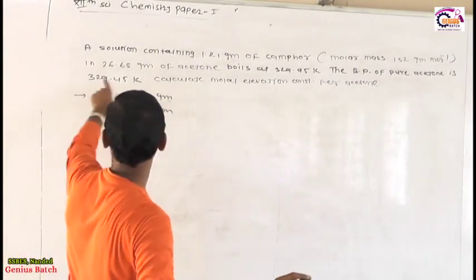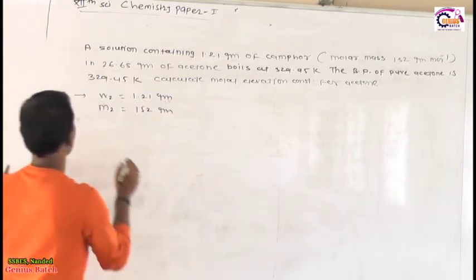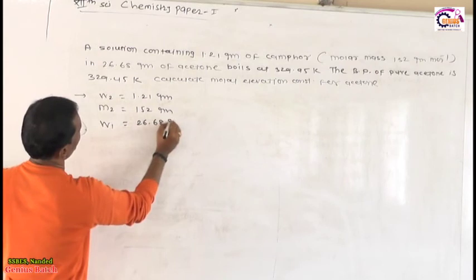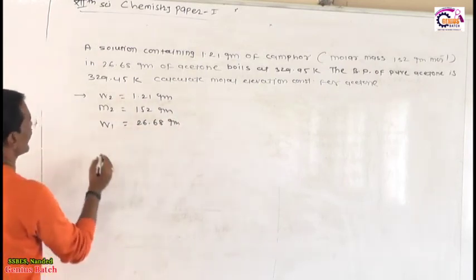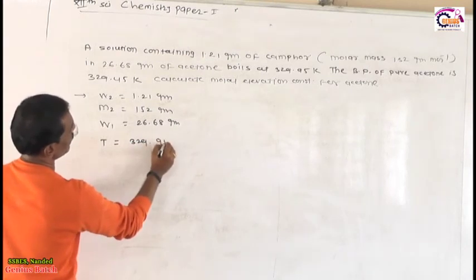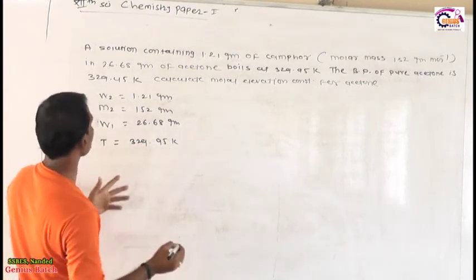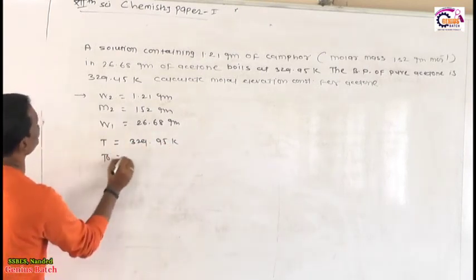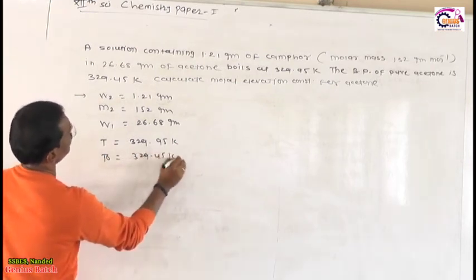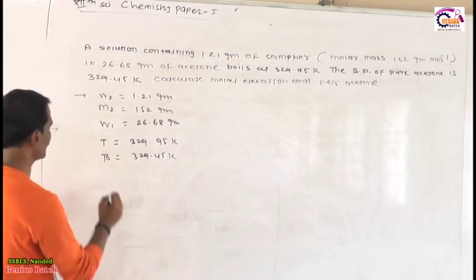In 26.68 gram of acetone, the weight of solvent W1 is 26.68 gram. The boiling point of solution T is 329.95 Kelvin, and the boiling point of pure acetone is 329.45 Kelvin.